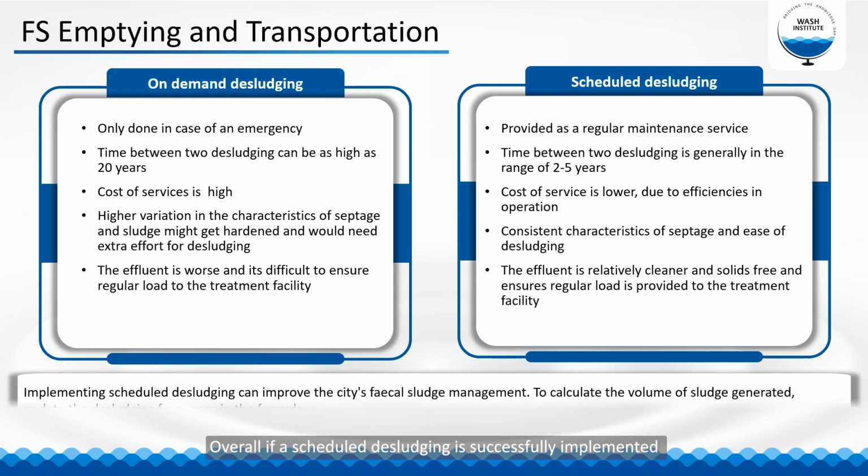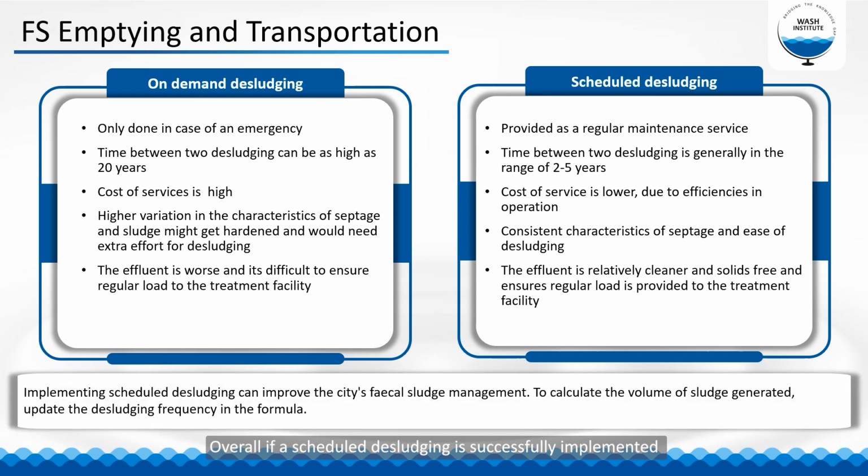Overall, if a scheduled desludging is successfully implemented, the city can do better fecal sludge management. And to calculate the volume of fecal sludge that will be generated, one just needs to update the frequency of desludging to the desired period in the formula.